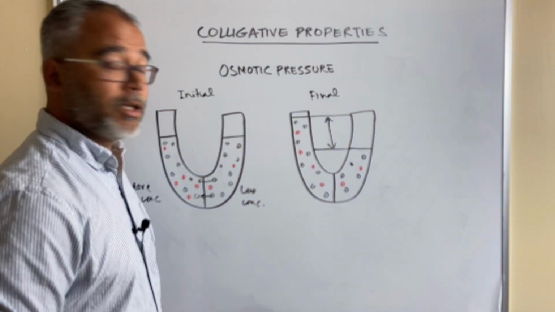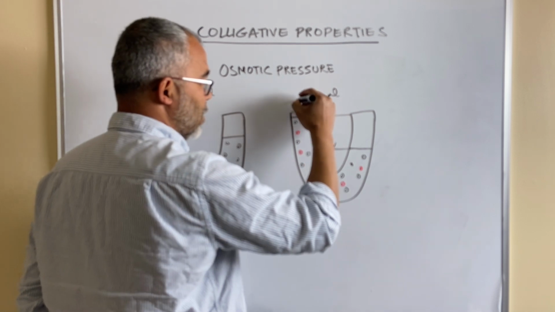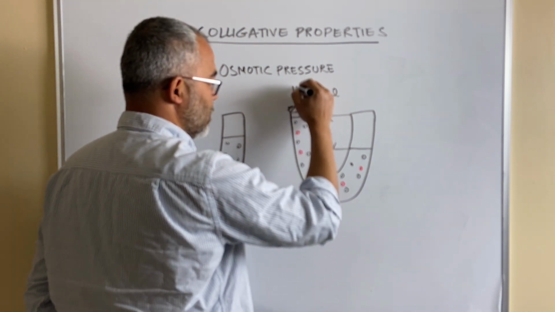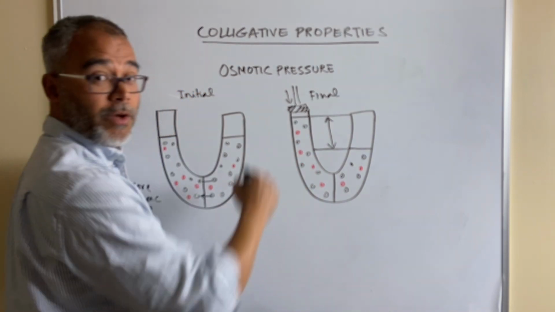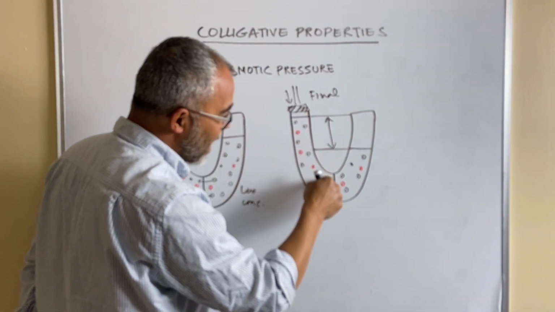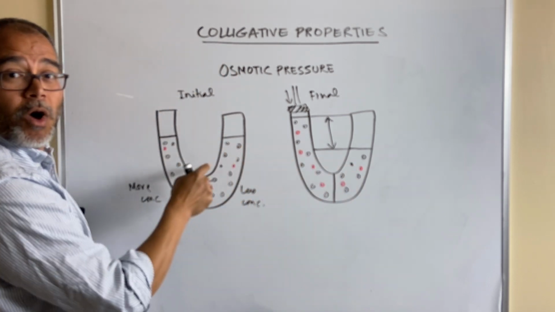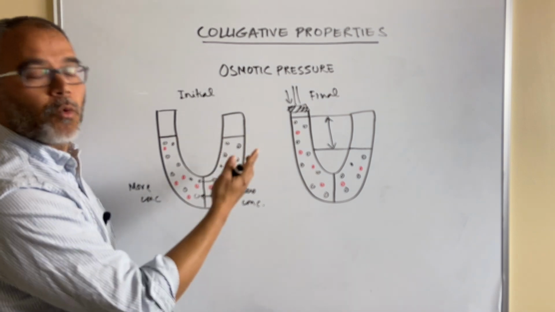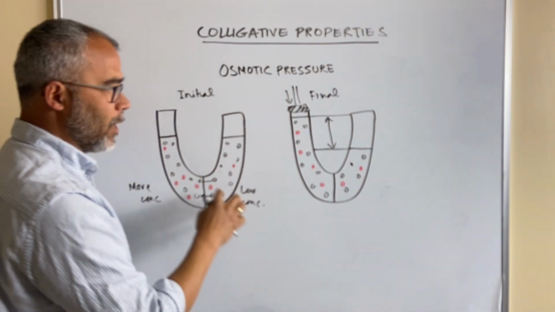So if you actually went out here and you put a little piston out here and you pushed down, so you exerted some pressure, you'd be able to push it back to the level it was at, and even further depending upon the force, but you basically want to push it back to where it was, which is the initial situation.